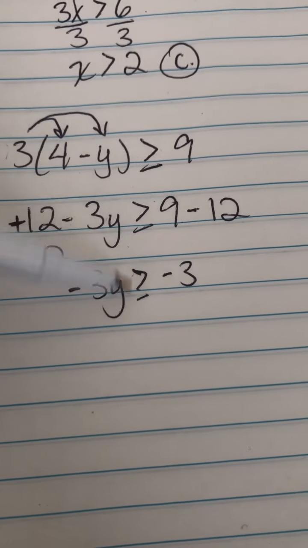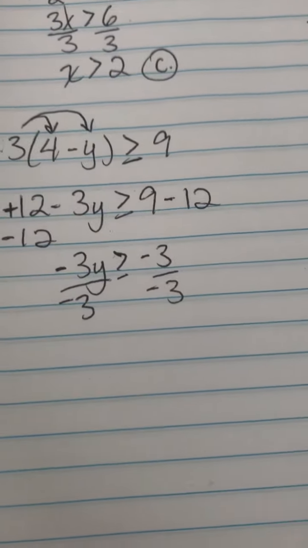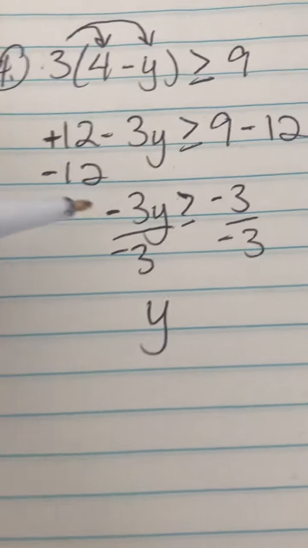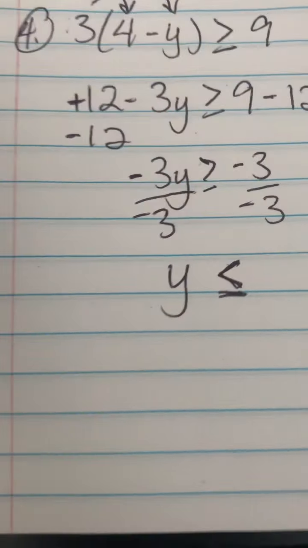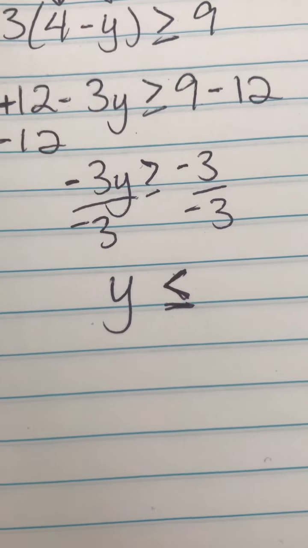We have to transfer the sign. So we divide by negative 3 on both sides, and that leaves us with positive y, but since we divided by a negative, our sign now switches. It's no longer greater than, it now becomes less than.